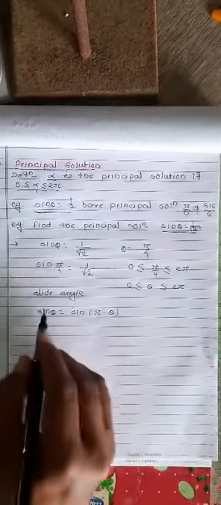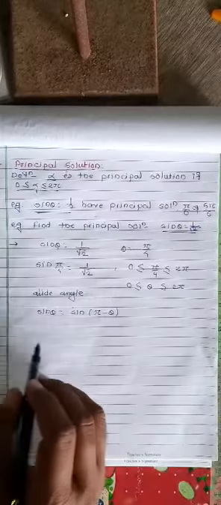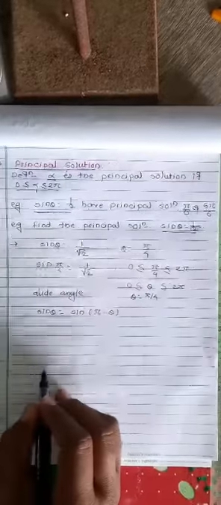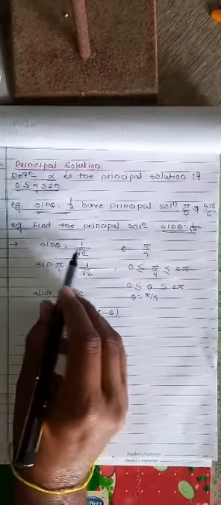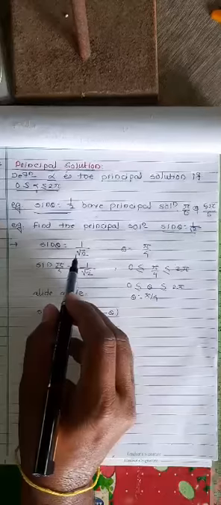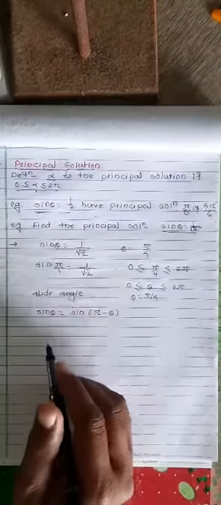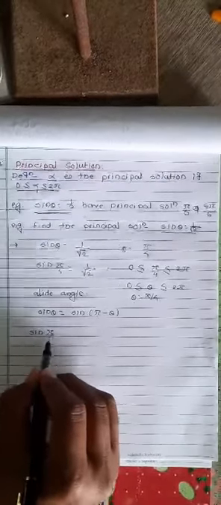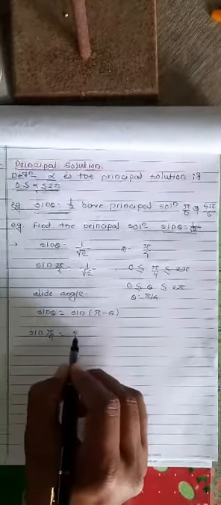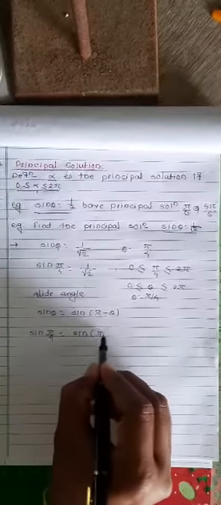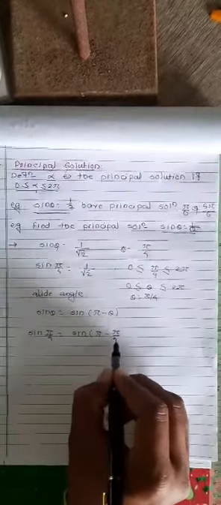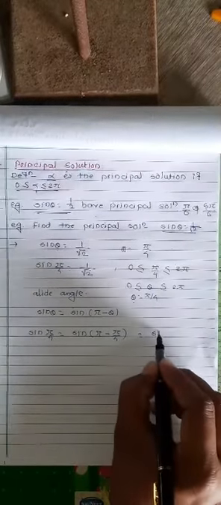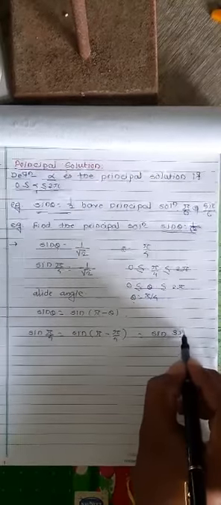After substituting theta equal to pi by 4, because sine theta is 1 upon root of 2, the value of theta is pi by 4. So sine of pi by 4 is equal to sine of pi minus pi by 4, and after solving this we get sine of 3 pi by 4.